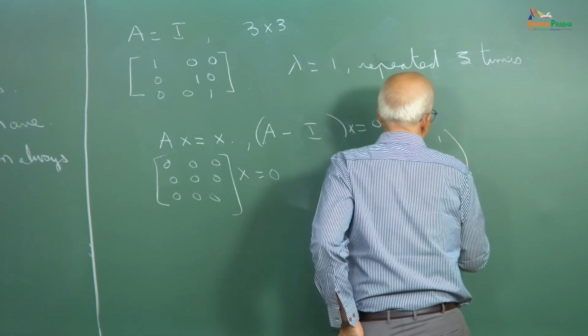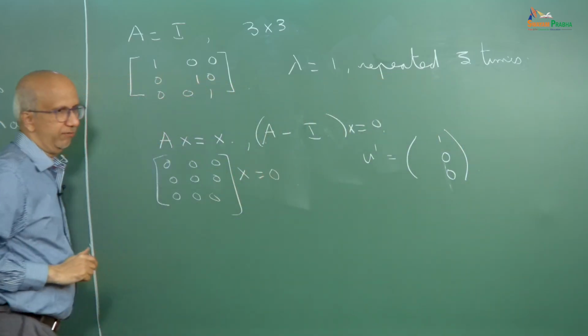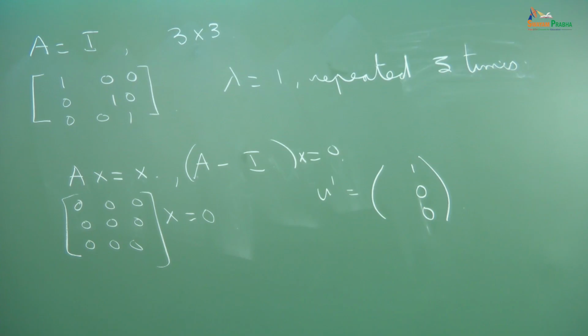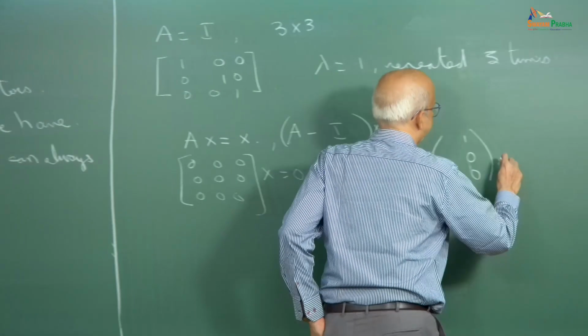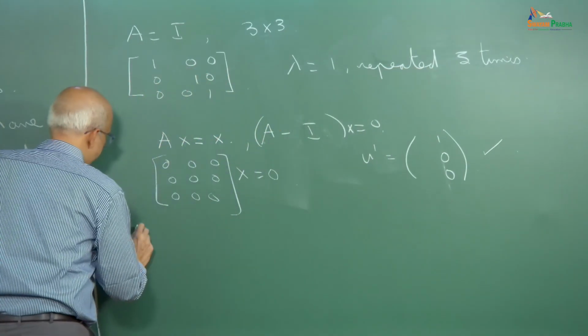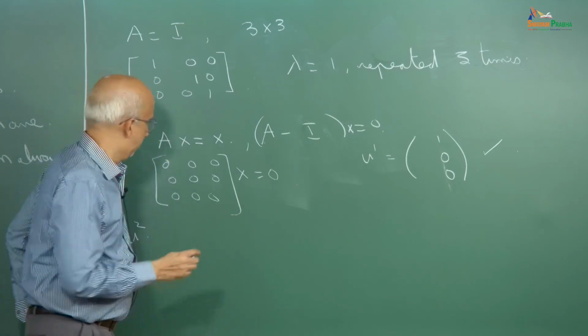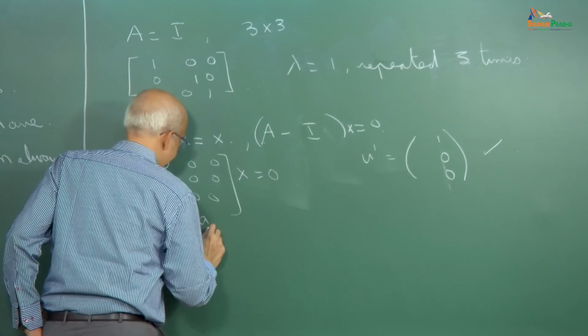No, actually we should not do that, we just do 1, 0, 0. Let me not confuse you, just keep this as the eigenvector. Now this is your first eigenvector. The second eigenvector u2 will be of the form, let us say, A, B, C.